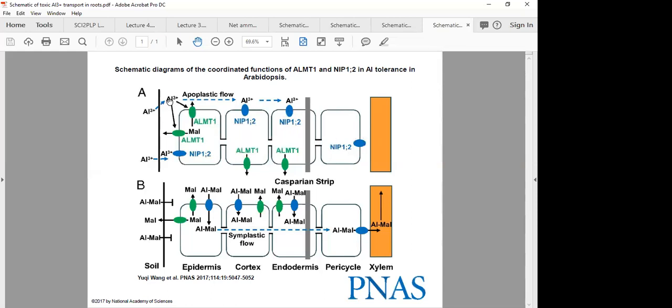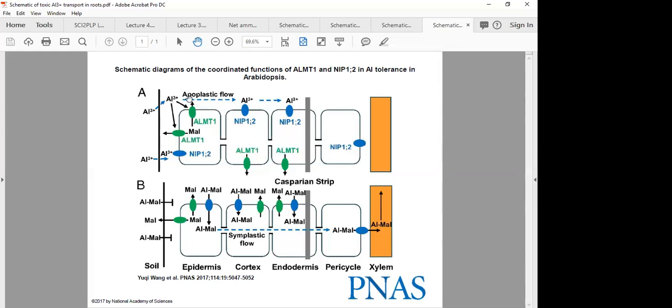All right, so aluminium ions can move via the apoplastic flow in water, in between cells or through cell walls, but of course not enter directly into the cytoplasm of these cells.